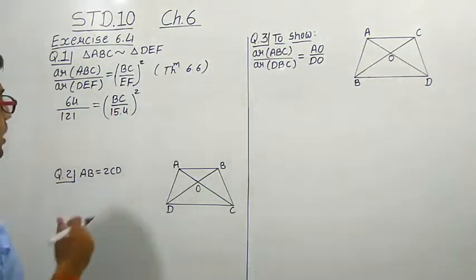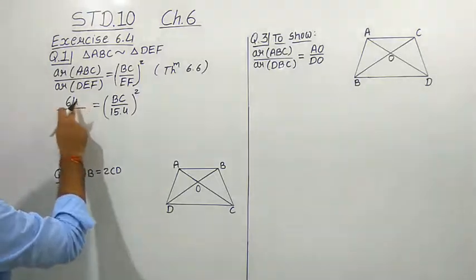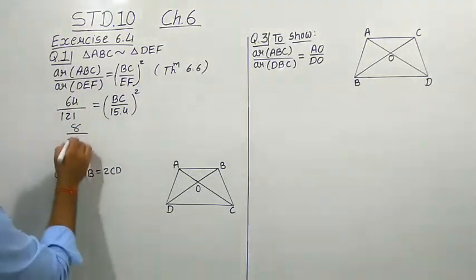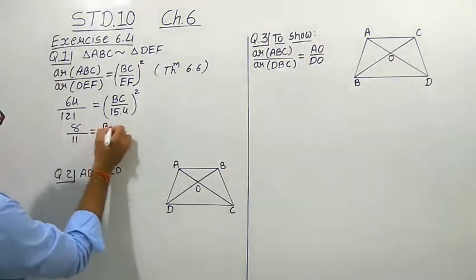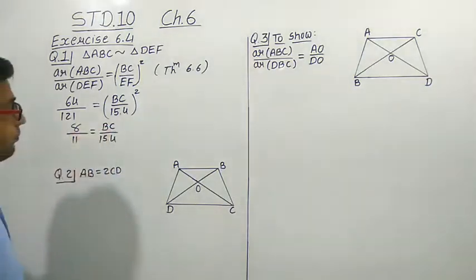Now if we take the square root on both sides, what will we get here? The square root of 64 is 8. The square root of 121 is 11. Here we get the ratio BC upon 15.4.